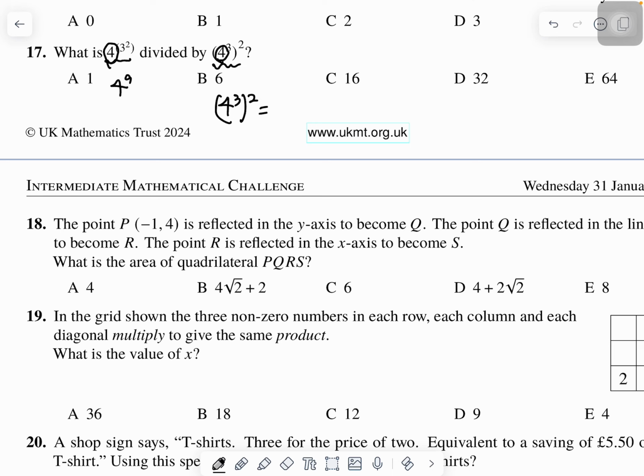So this one, we have 4 cubed twice. So 4 cubed times 4 cubed. This means twice, twice of what? Of multiplying. So 4 cubed times 4 cubed makes it 4 to the power of 6. So 4 to the power of 9 divided by 4 to the power of 6 makes it 4 to the power of 3.